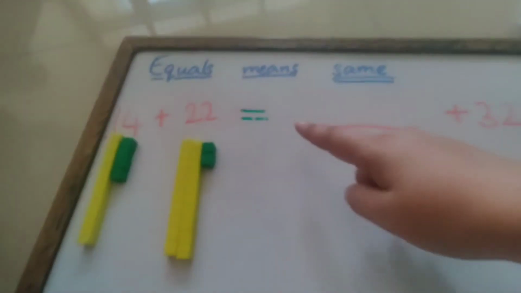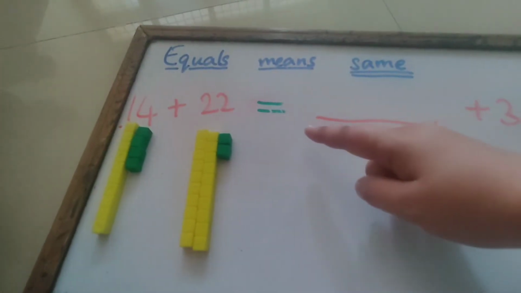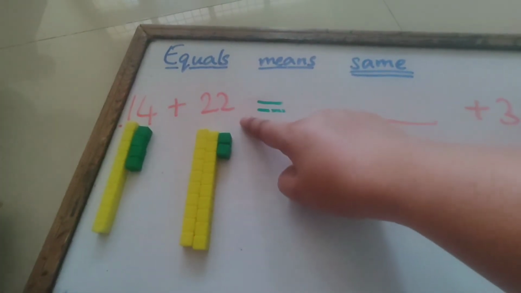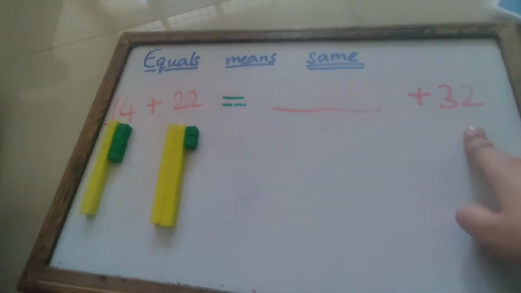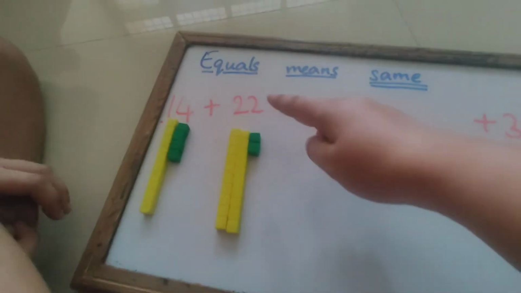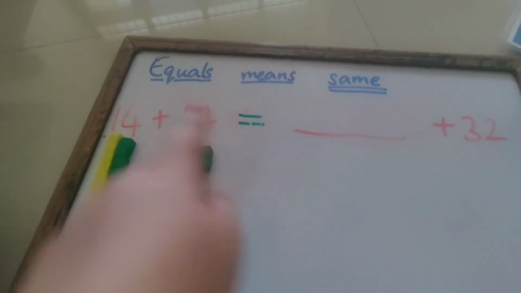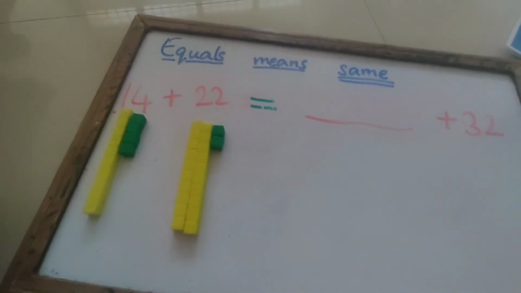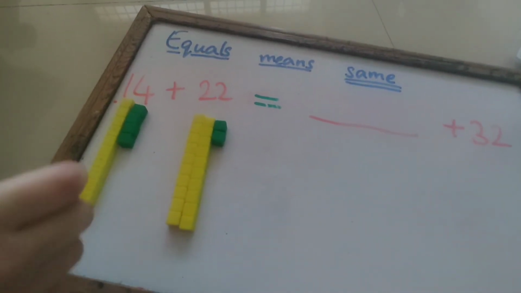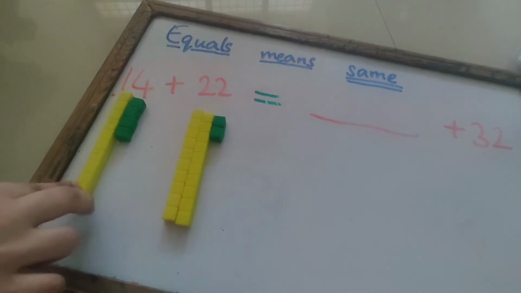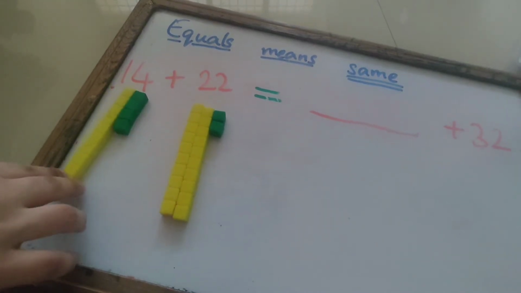See, we are looking at one more example. These are slightly bigger numbers. There is 14 plus 22 here, something plus 32. So you don't have to add them. Okay. So you have to make one of this 32. What will you do? How will you make it 32? Okay.